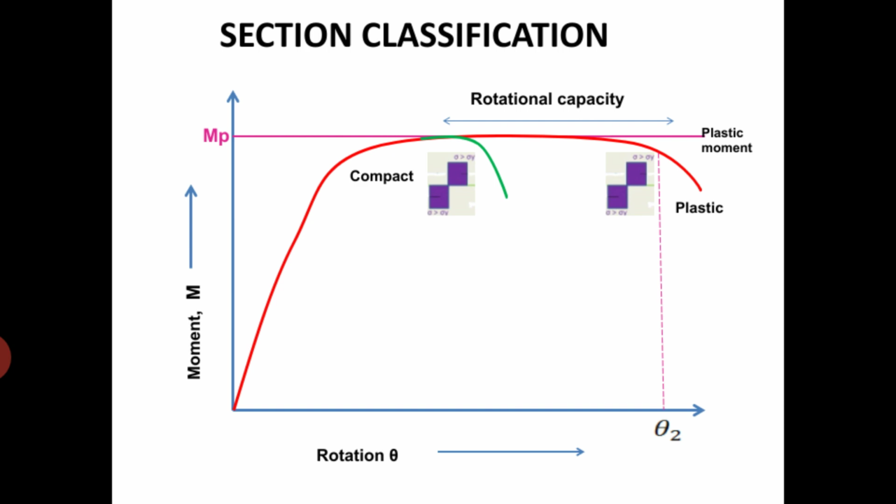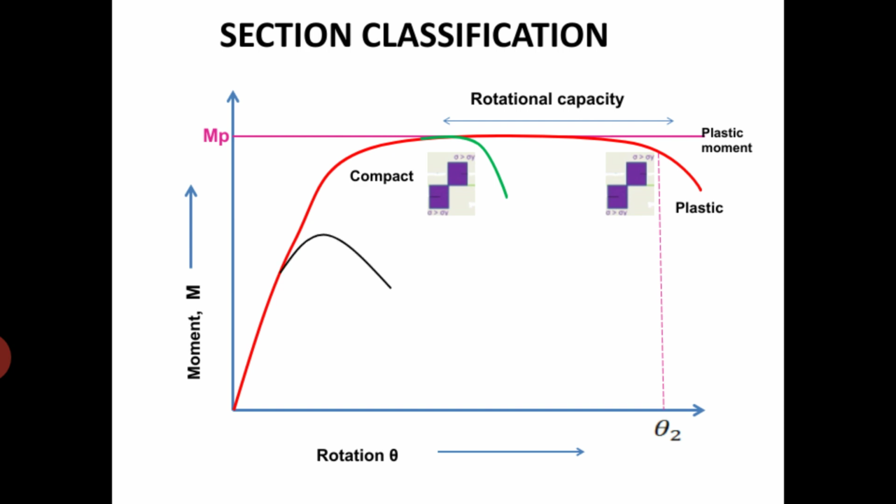They have ductility in the range between theta 1 and theta 2. These cross sections are fully effective in pure compression. These are capable of reaching their full plastic moment in bending, and these are classified as compact sections.